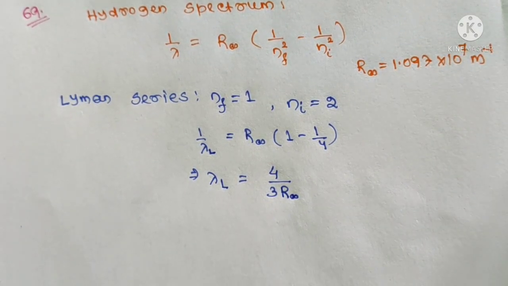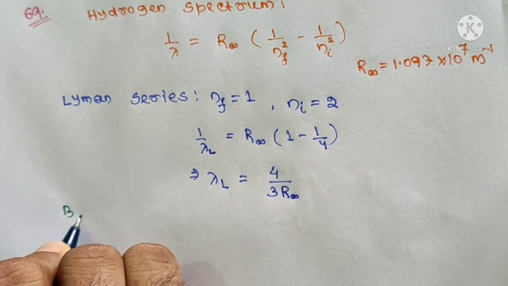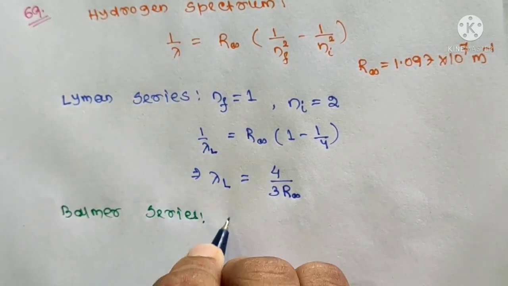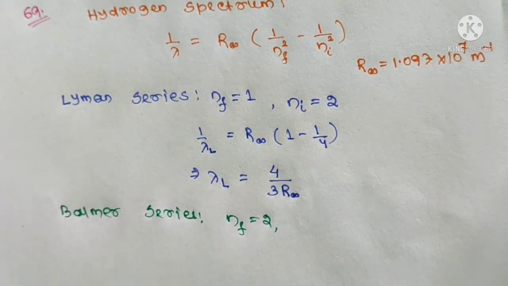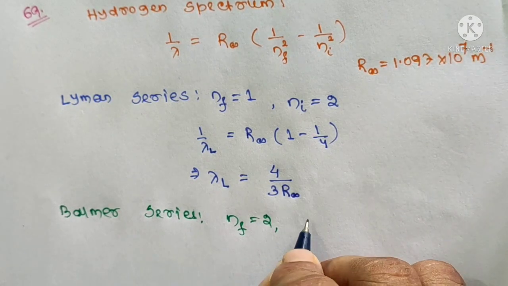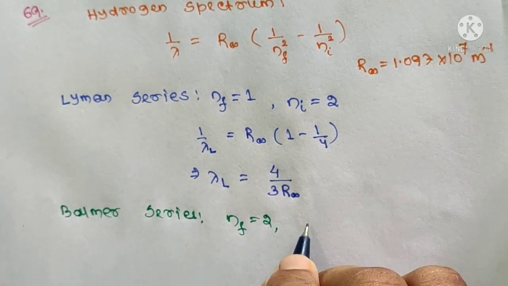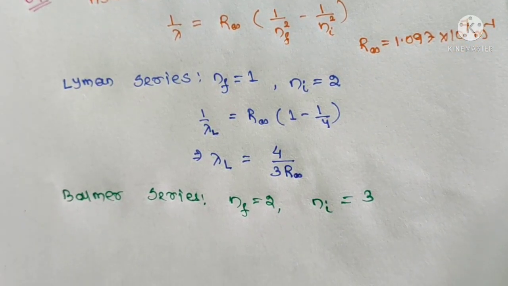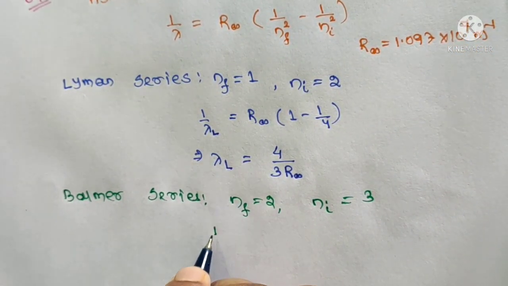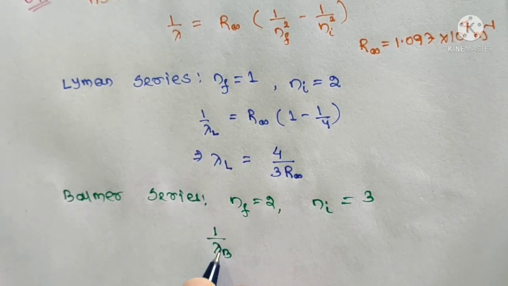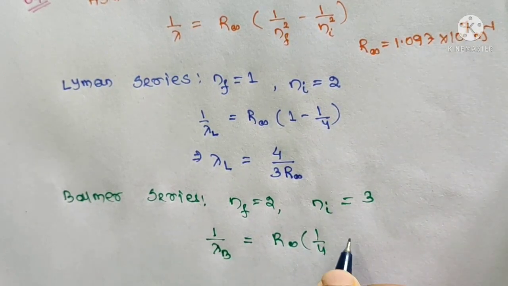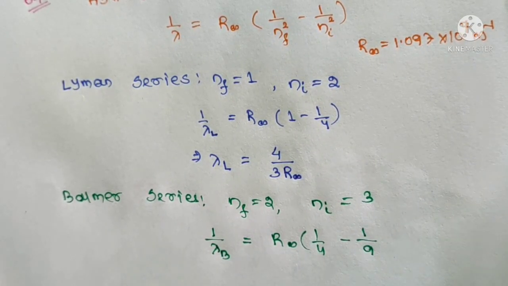For Balmer series, nf equal to 2, transition takes place from higher excited orbit to second orbit, and for first line of Balmer series ni equal to 3. So for wavelength of first line of Balmer series is given by R infinity 1 by 4 minus 1 by 9.